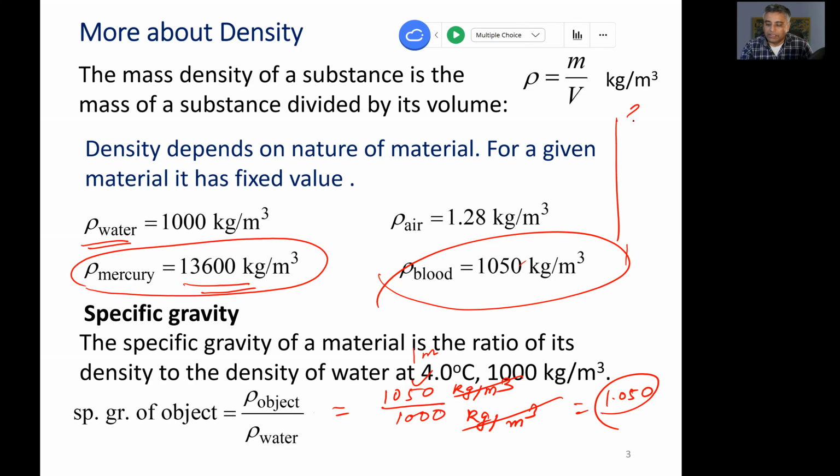For example, the density of blood in the table, and then you write specific gravity or density. You can write 1.050. And for mercury, it's going to be 13.6.